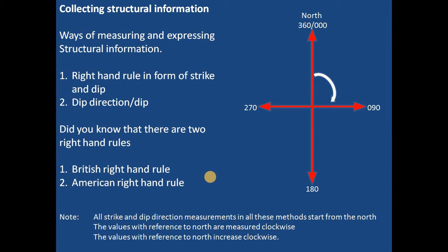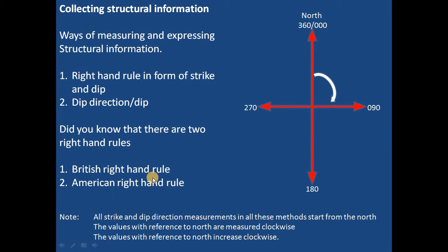So what you should note is that, let's see, this is the direction. We start counting the degrees from north clockwise. So for both right-hand rule and dip direction, we count the readings from the north. The values with reference to the north increase clockwise.